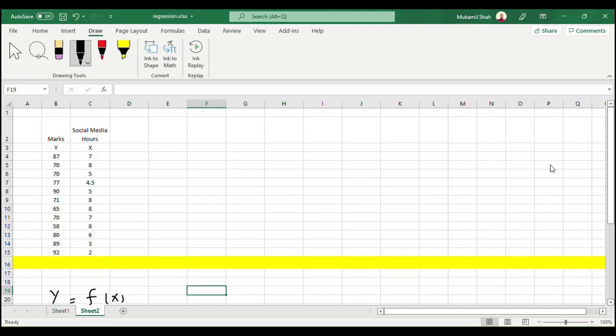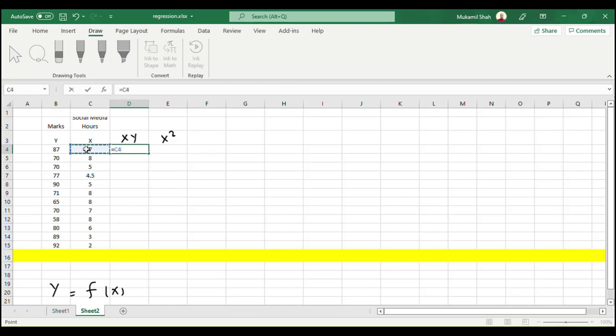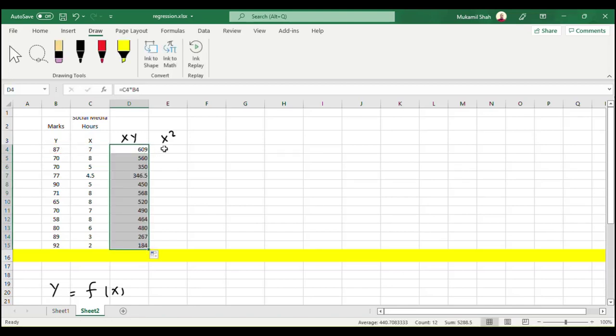What we need is xy and x square. Let us calculate them one by one. xy is equal to x into y, and this is the xy column. Then we need x square, which is x to the power 2, and this is your x square column.